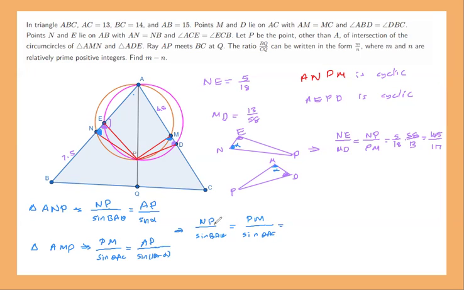And what we know is NP over PM. So we already know NP over PM is this number, which is why we are going to swap these.